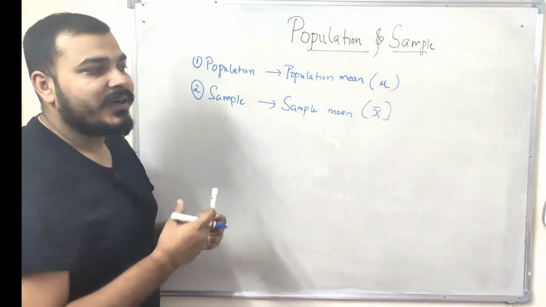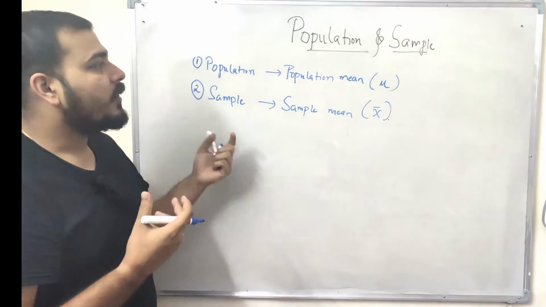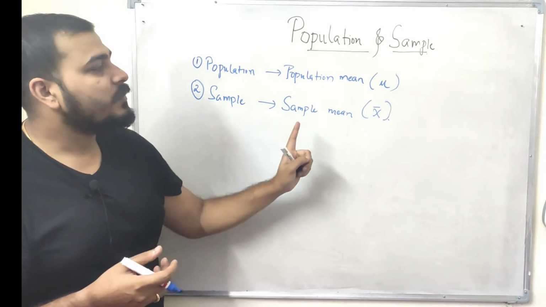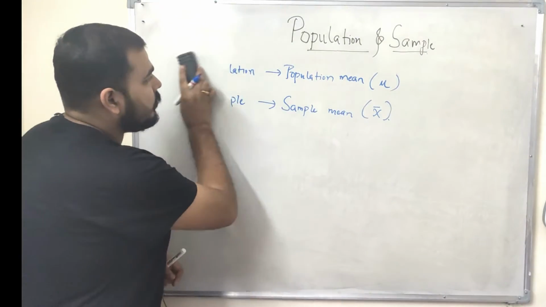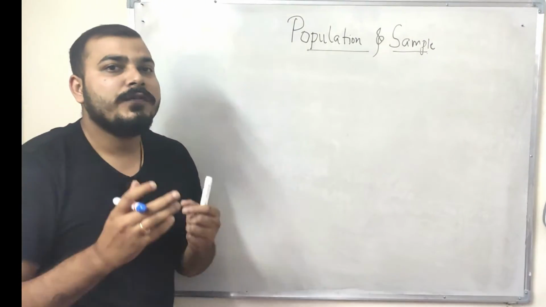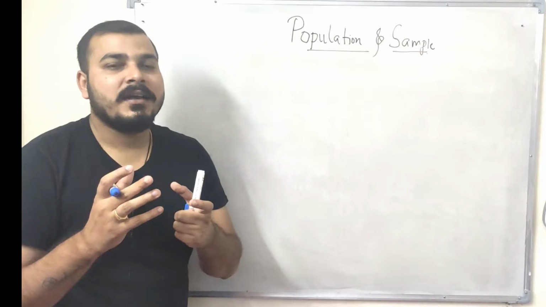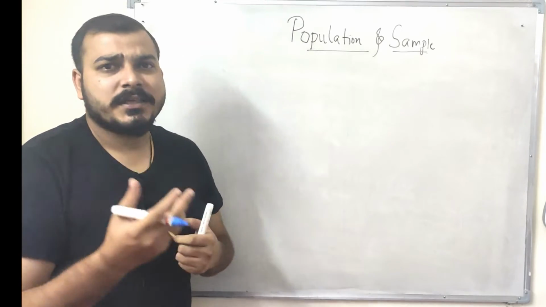So let us go ahead and take a very simple example of what exactly is population and sample, and what is the difference between population mean and sample mean. So let us go ahead. Let us consider that I want to find out the average height of all the people in some particular state.